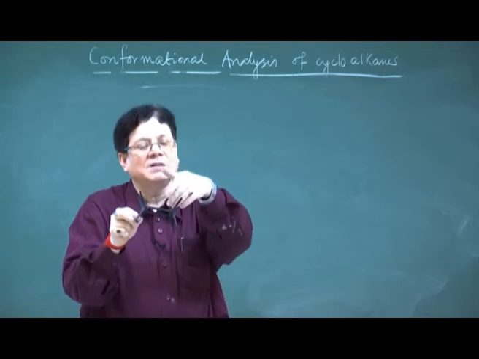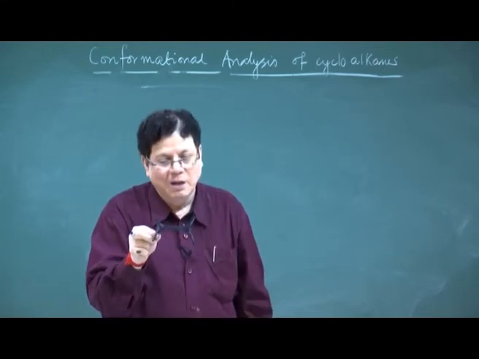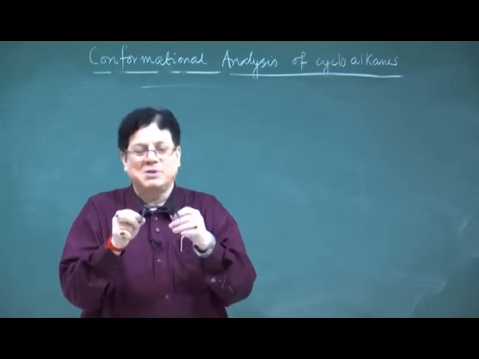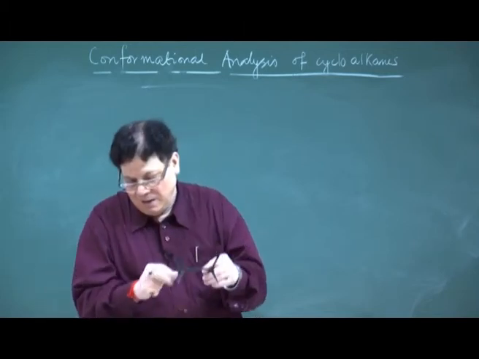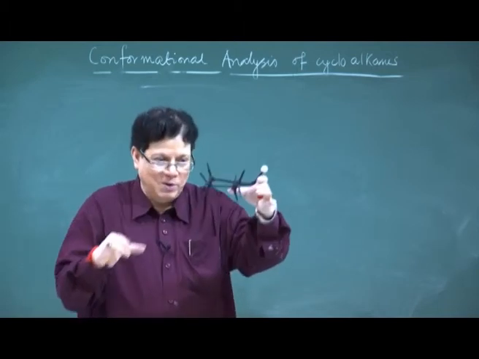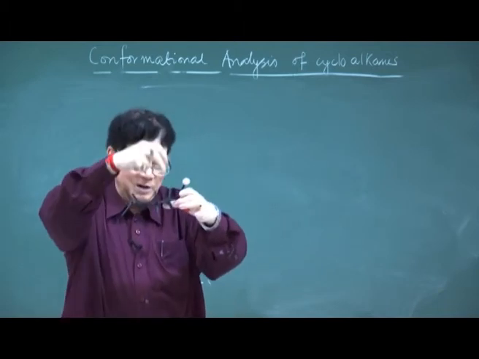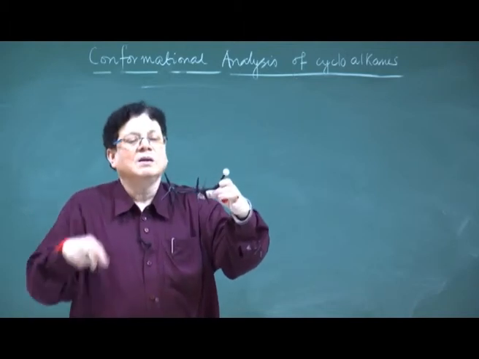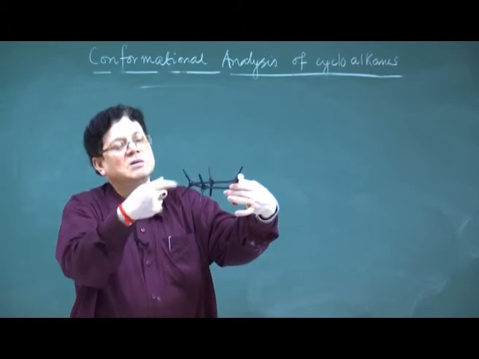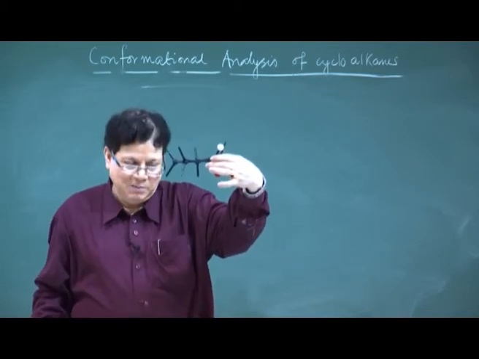Apart from the angle strain that is present, it will suffer from torsional strain. The interesting point is, even if we reduce the angle strain to almost 0, like in cyclopentane, because it is 108 degrees now, a regular pentagon, you still suffer from torsional strain, because these are eclipsing each other. Okay.